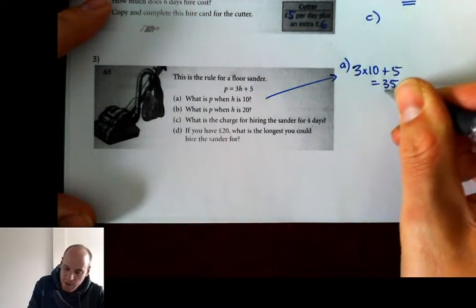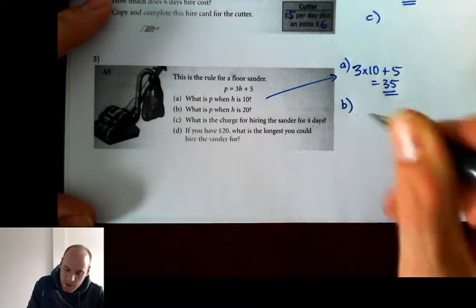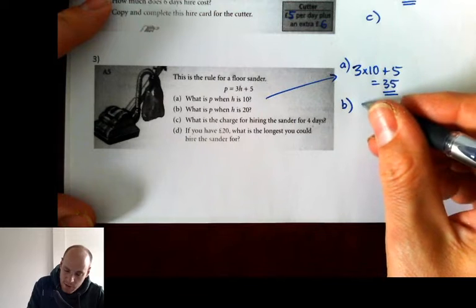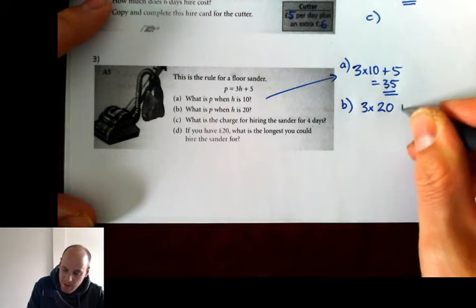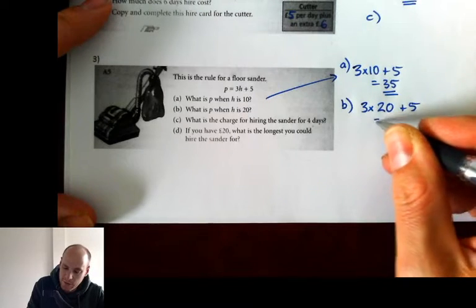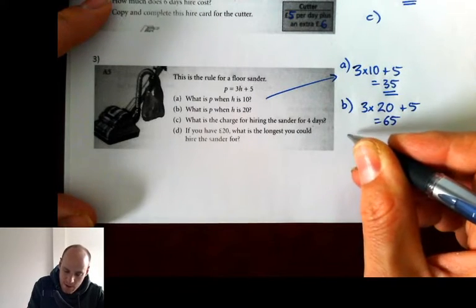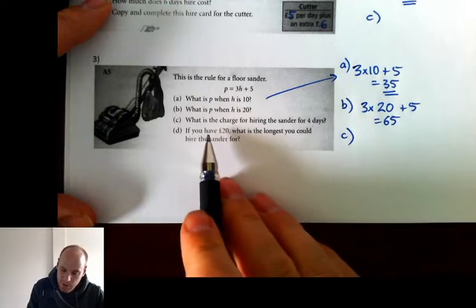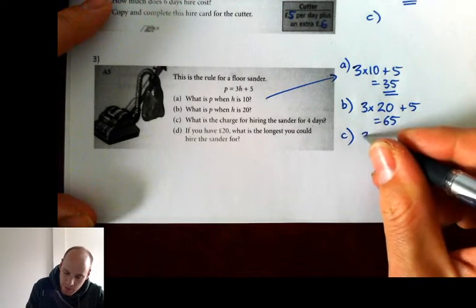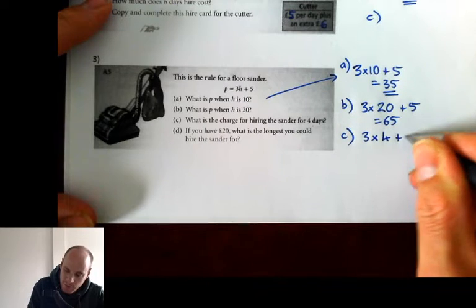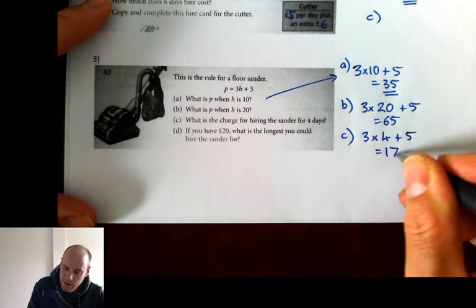So that's for part A. For part B, we're doing 3 times 20, because we're doing 20 days, £3 per day, add on the 5, so that's 65. And then part C, what is the charge for hiring the sander for 4 days? So 3 times 4 plus the 5 is 17.